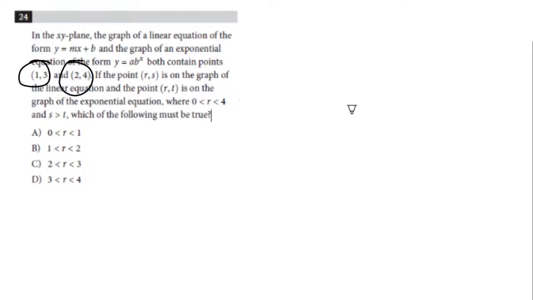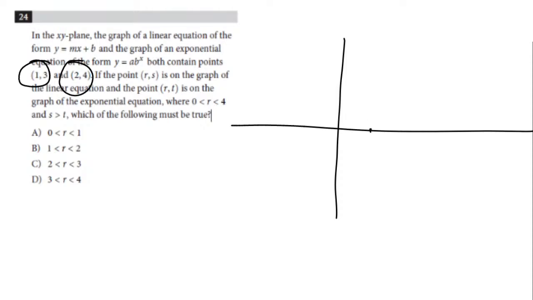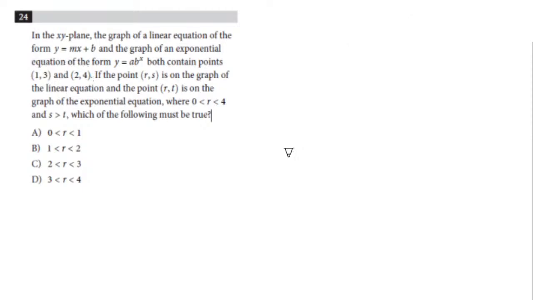So let's draw it. We have a graph here, and it says there's a point 1 and 3. So this is 1 point. The other point is 2 and let's say here 4. Sorry, let me redraw it. I didn't like it here.